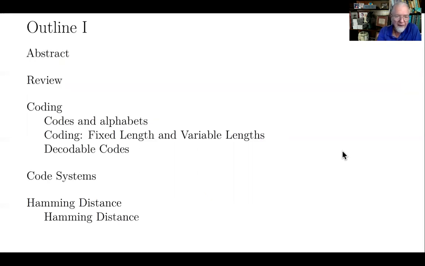All right, we don't have to go through the abstract. I do want to do the review. We're going to do coding and code systems, in particular Hamming distance, and I meant Hamming codes in the first one. I make so many errors.